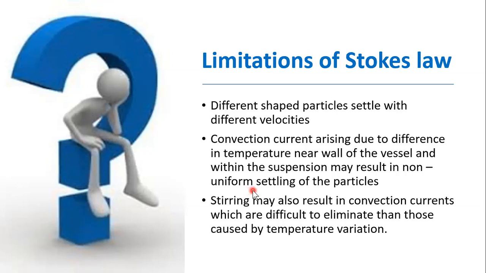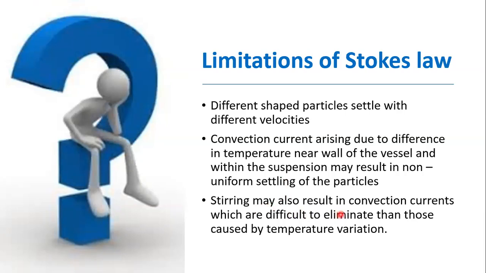So it means if the temperature outside the jar and inside the jar is the same, then there will not be an issue. But if it is not, then there must be an issue, as the temperature along the vessel walls will be different than in the center.